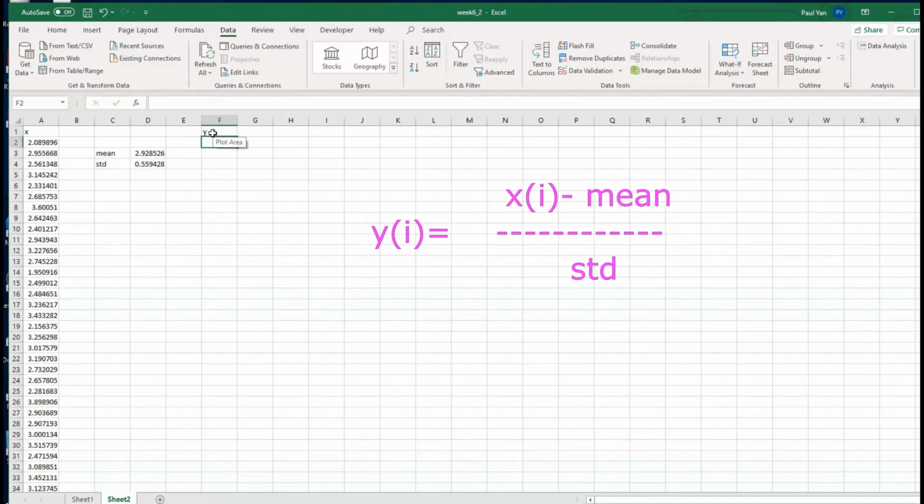And so usually we standardize our data set. What do we mean by standardize? The mean here is 2.9 and the standard deviation is 0.559, and we want to generate another column with mean 0 and standard deviation 1.